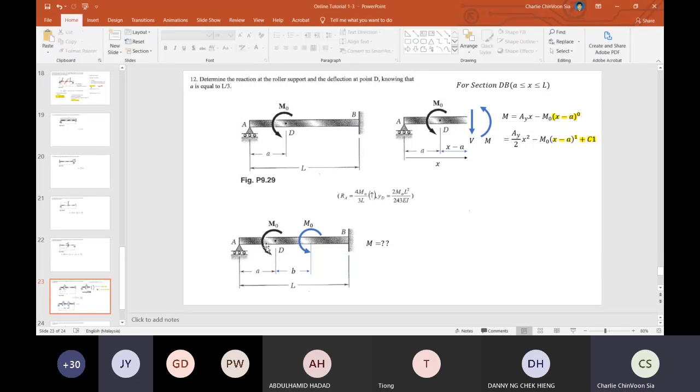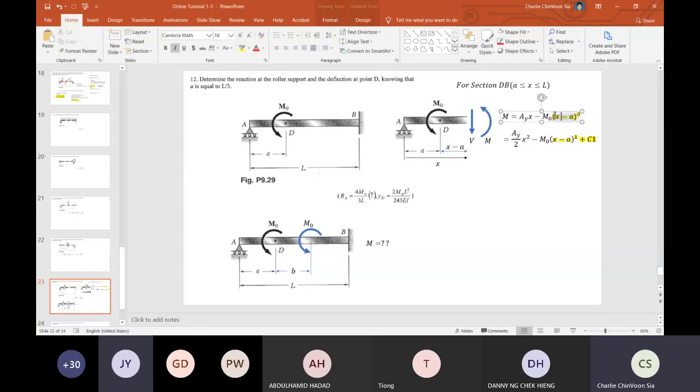The location of the moment influences the deflection value. The moment at the end, the moment at point D, and the moment at this point will each give a different value for the deflection.